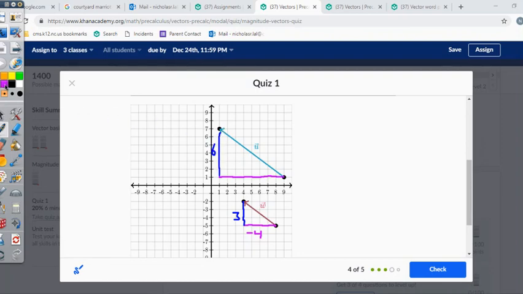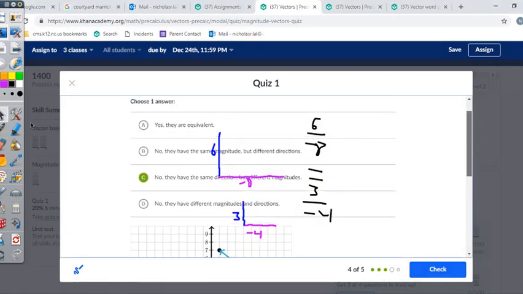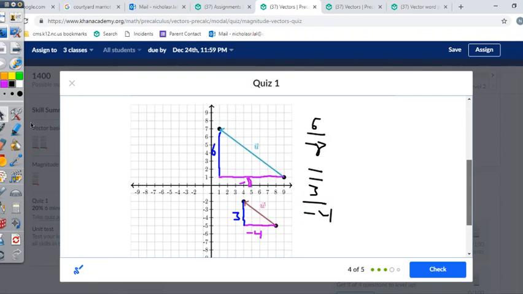So 6 and negative 8. So if I was to find the slope, rise over run, 6 over negative 8, that's going to be equivalent to 3 over negative 4, right? So the direction is going to be the same, but the magnitude is going to be different because the components are different.